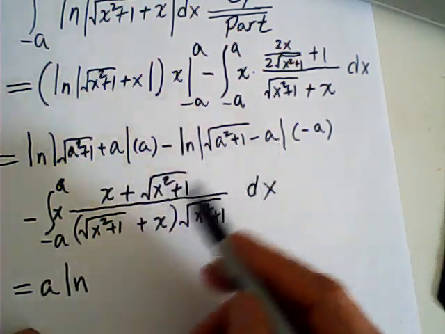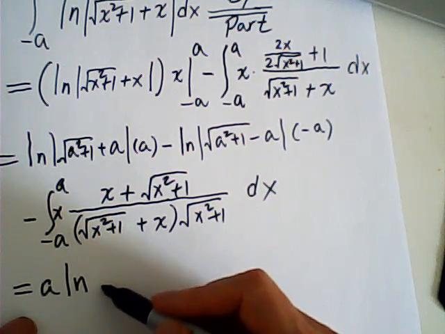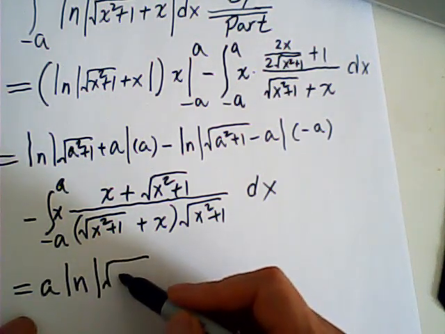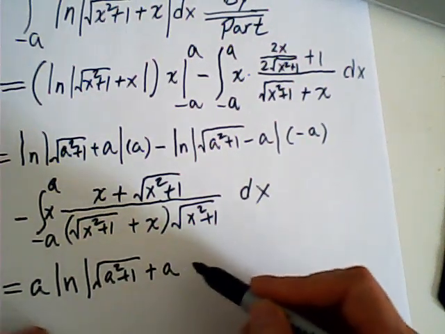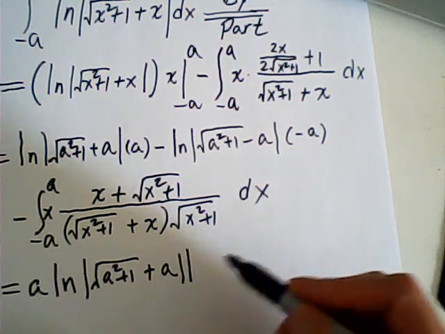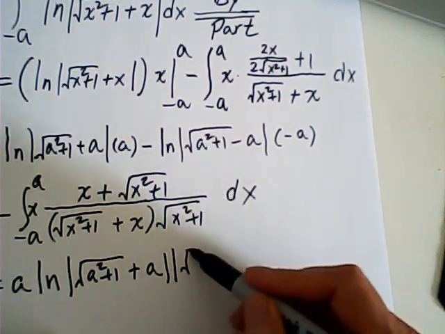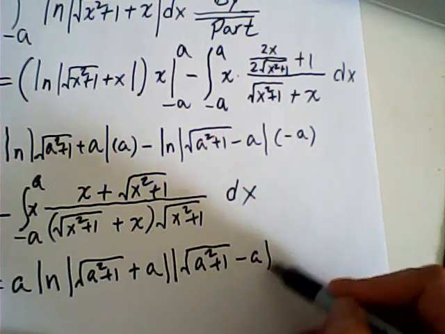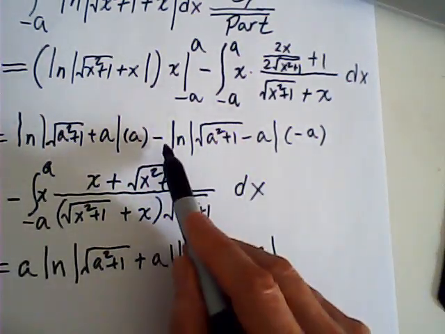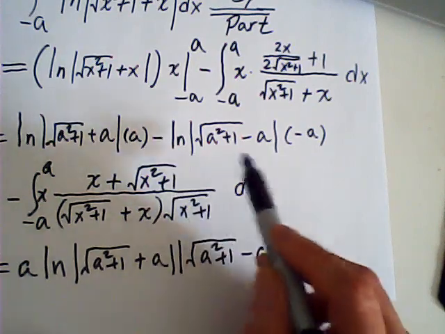Added together, this becomes a log of square root of a squared plus 1 minus a plus a, multiplied by square root of a squared plus 1 minus a, right? Okay, so negative becomes plus.